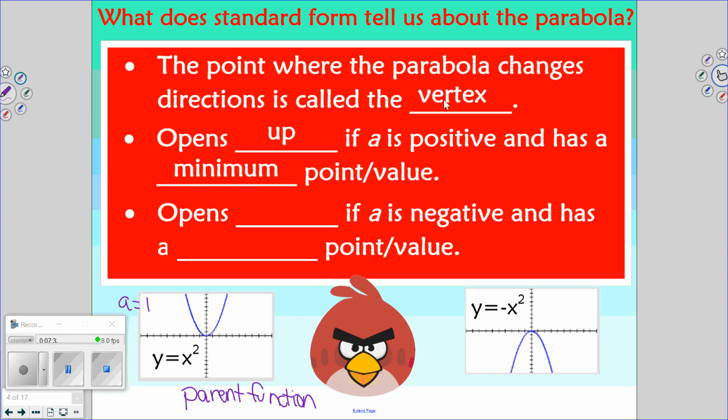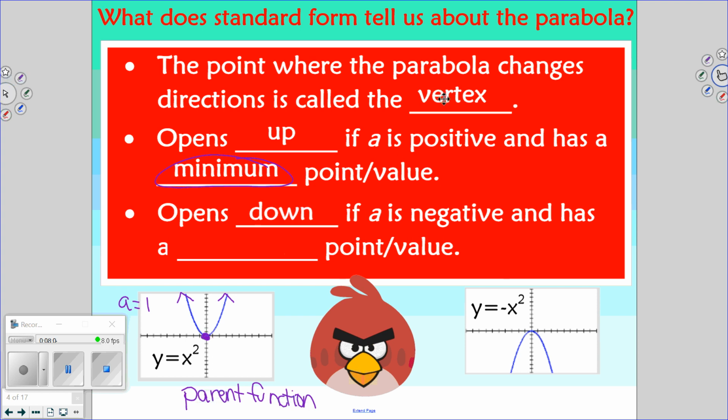It is going to be pointing up, so when it opens up, A is positive, and it has a minimum point value, meaning this right here, your vertex, is the lowest point on the graph. It's the minimum value.